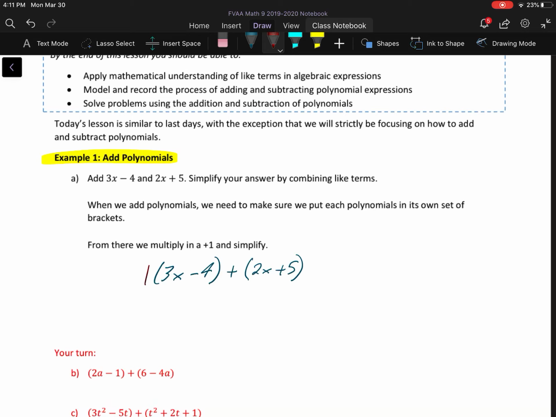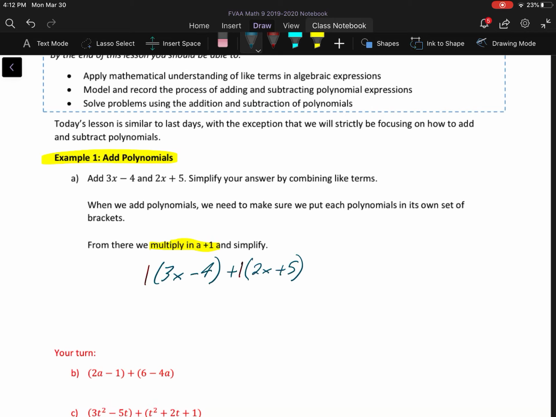The second one is the same thing: plus, and then there's nothing in front of the second bracket, in front of the 2x plus 5. I can assume that it's plus 1 times 2x plus 5. Those are the assumptions that we're making here. That's why it says we're going to multiply in plus 1 into both of our brackets and simplify.